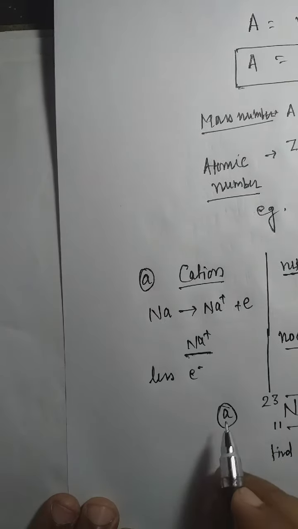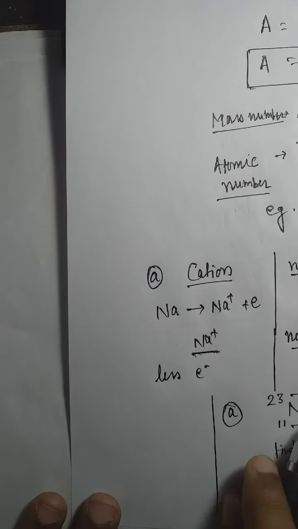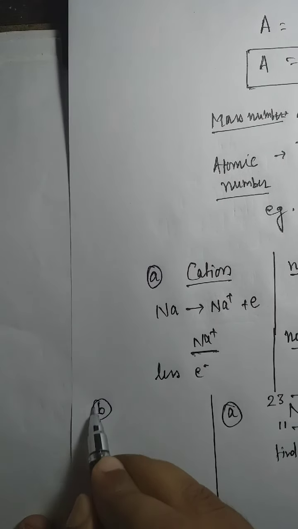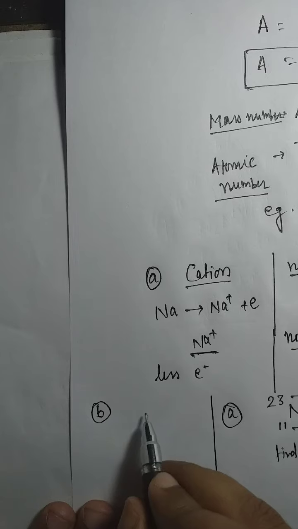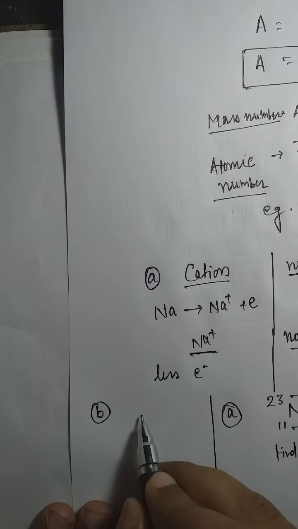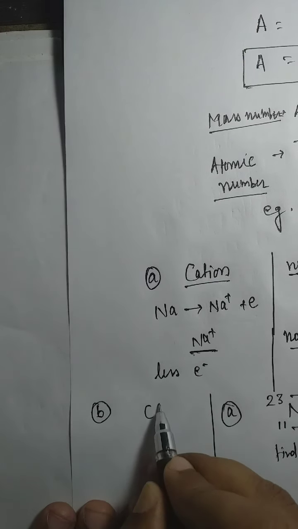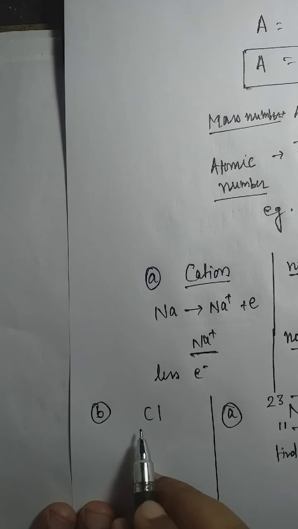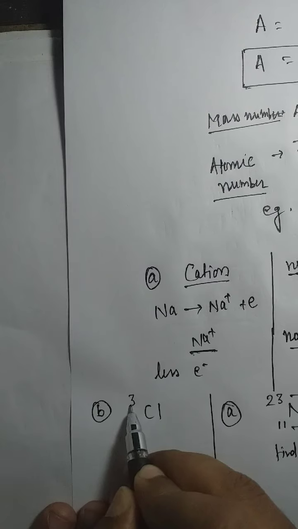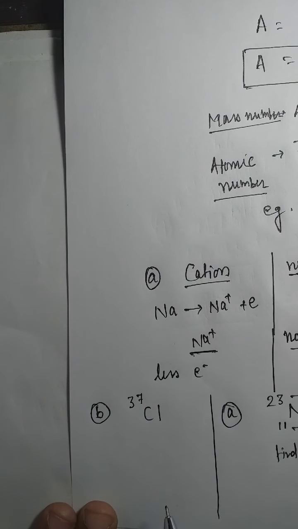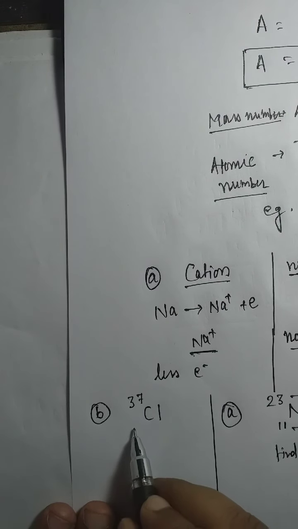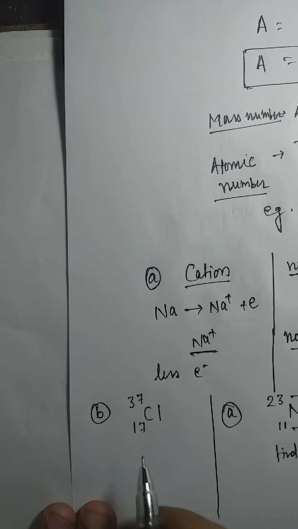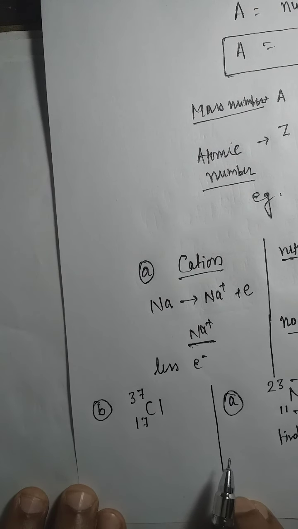One more question we are discussing here, question number B. Actually this is the element chlorine. In this situation the chlorine exists in two isotopic forms. Now we are taking this 37 isotopic mass of chlorine and 17 is its atomic number, right?